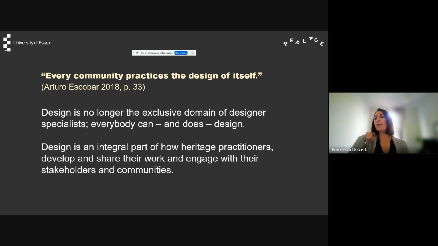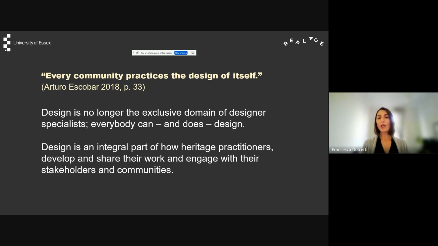Based on this premise, my research posits that design is also an integral part of archaeology and heritage practice, because it is through design that we as archaeologists and heritage professionals develop and share our work and engage with our communities and stakeholders.